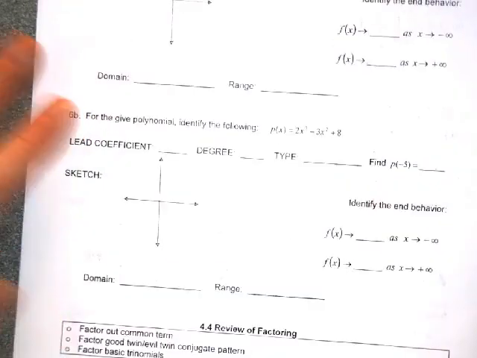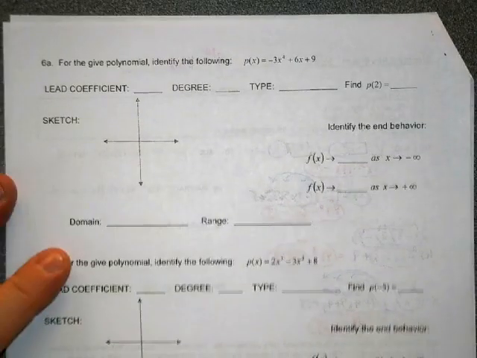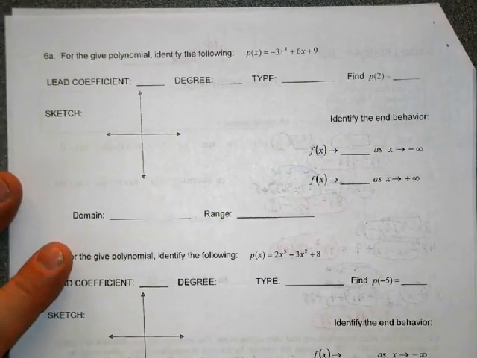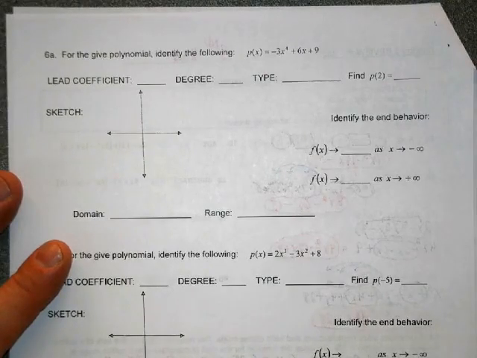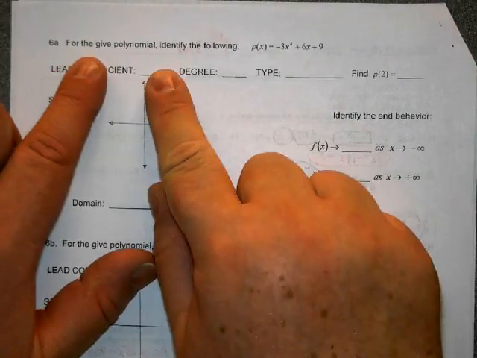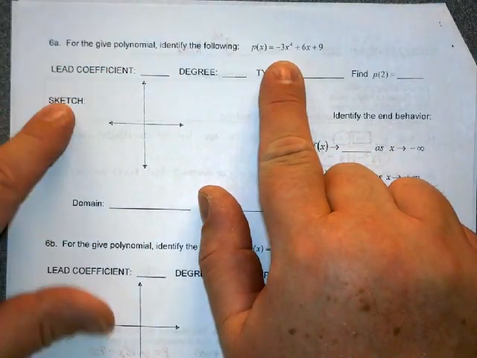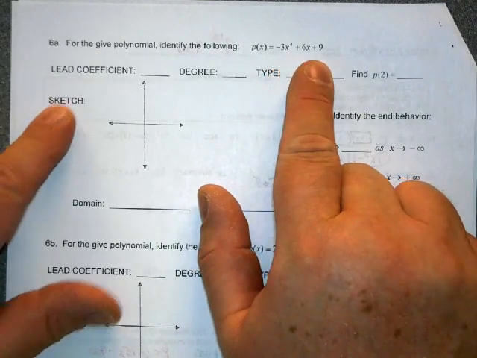All right, 6-8. Now this is a really long problem, so stay with me. Here's our given polynomial: negative 3x to the fourth plus 6x plus 9. What's my leading coefficient?